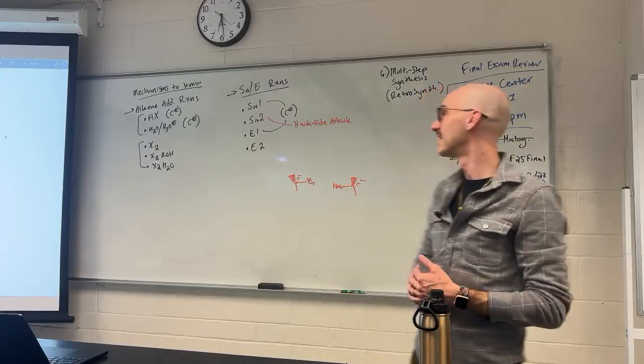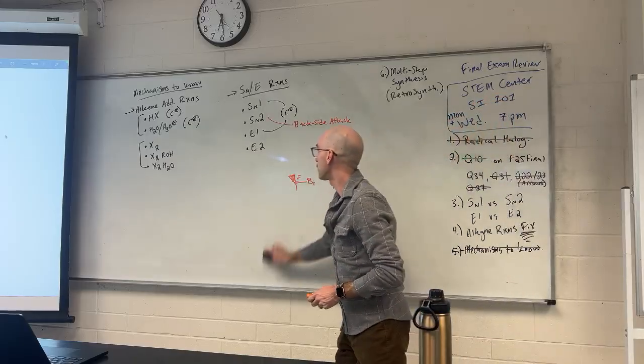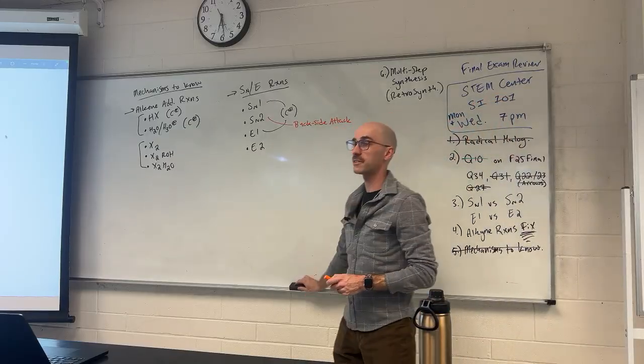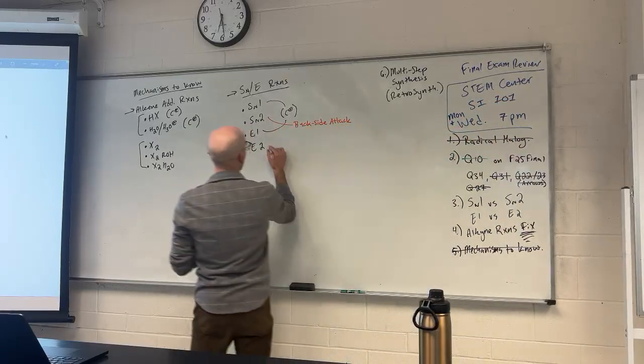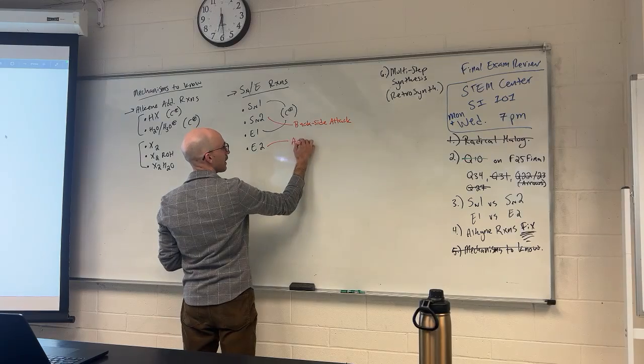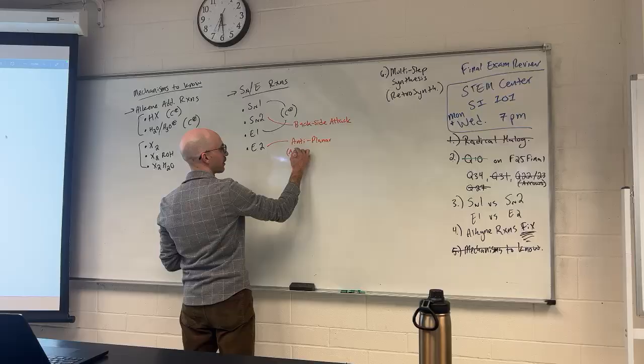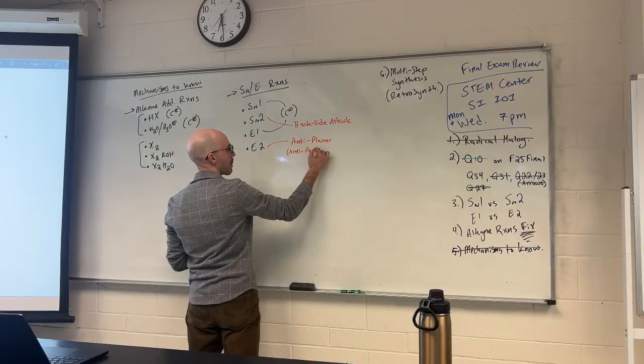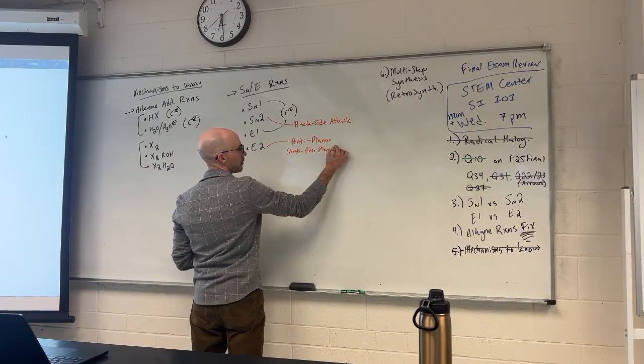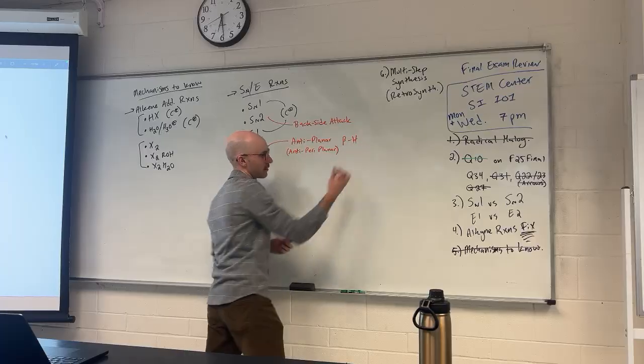That's what it is. Okay, E2 also requires something stereo-specific, but what it requires is the anti-planar or the anti-periplanar beta hydrogen elimination.